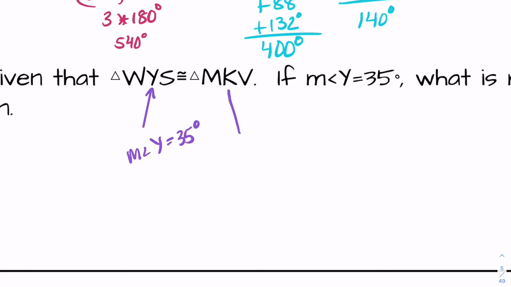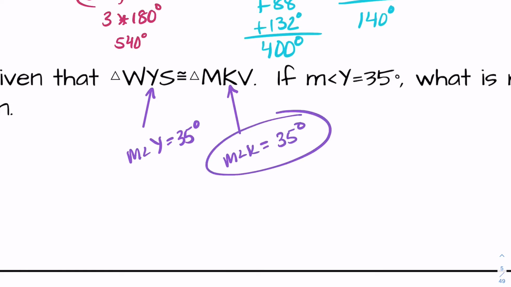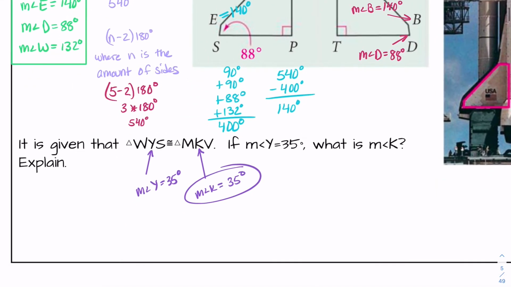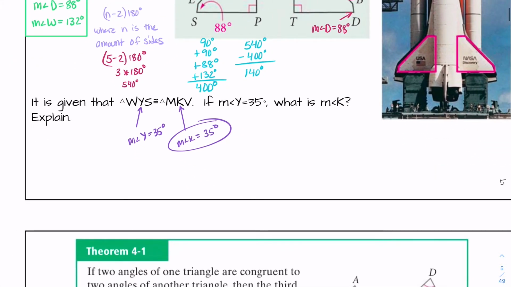So guess what? The measure of angle K is also 35 degrees. So that one was a little bit easier. It's using my corresponding parts of congruence. Okay, I don't need to know anything else about that triangle.